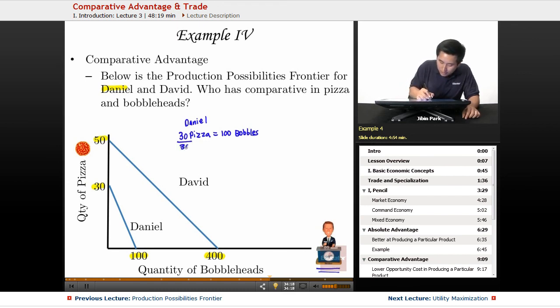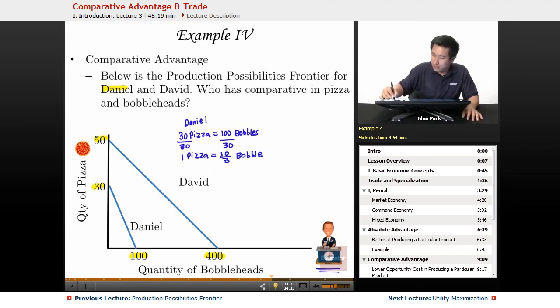So divided by 30, you have one pizza equals 100 over 30 bobbleheads. So that would be 10 over 3 bobbles, which is a shortened way of saying bobbleheads here. And one bobble equals the reciprocal of this, 3 over 10 pizzas.